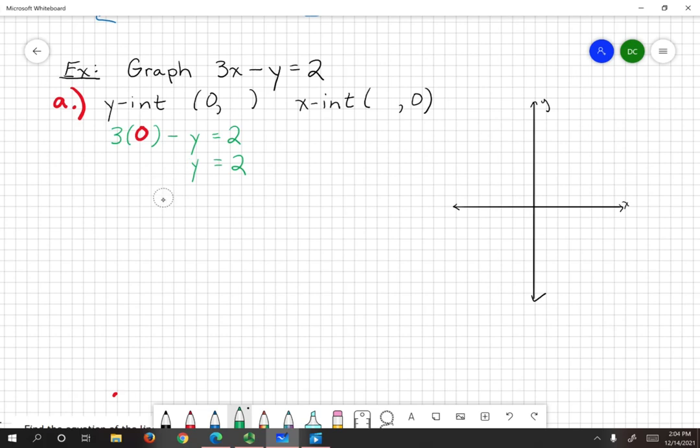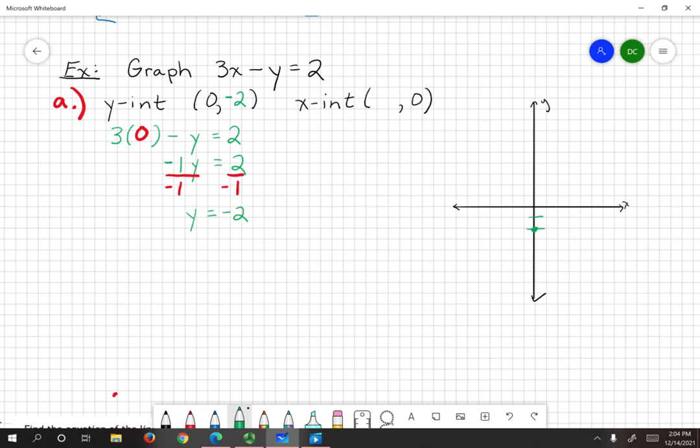Whenever there isn't a number, it's always understood to be 1. So I'm going to divide both sides by negative 1. And that means that y is equal to 2 divided by negative 1, or negative 2. So 0, negative 2. Here's my y-intercept.